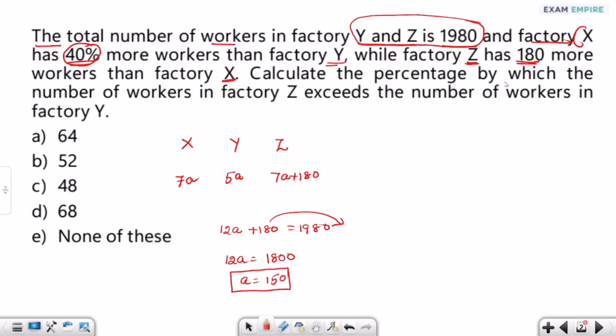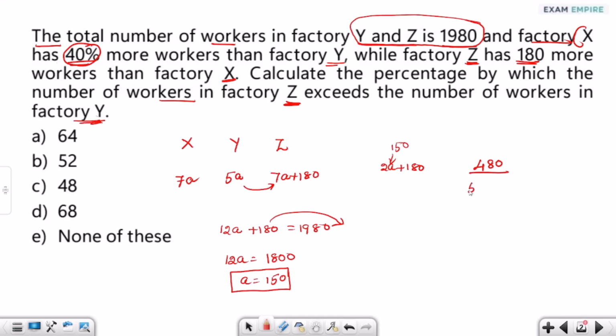Calculate the percentage by which the number of workers in factory Z exceeds the number of workers in factory Y. So how much is it exceeding? 2A plus 180. So what is the value of A? 150. So 2 into 150 is 300, plus 180 is 480, divided by workers in factory Y, that is 5A.